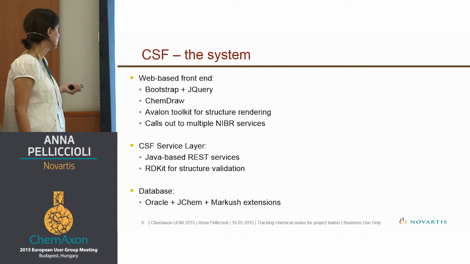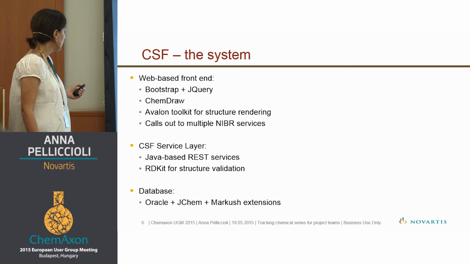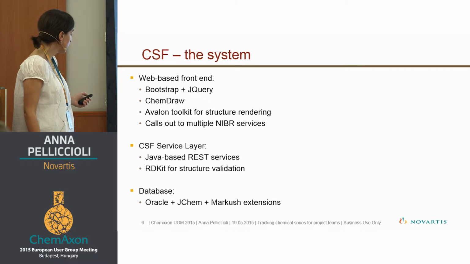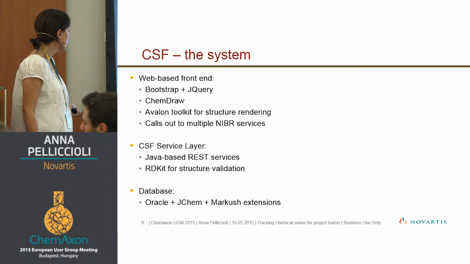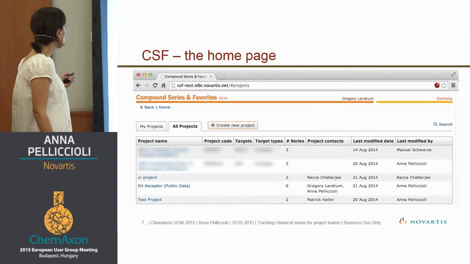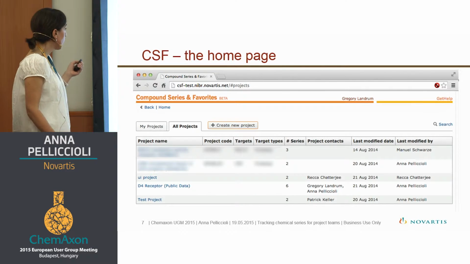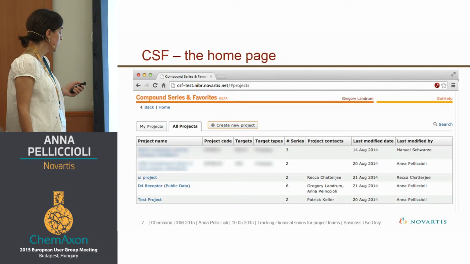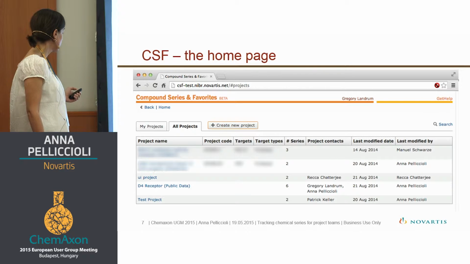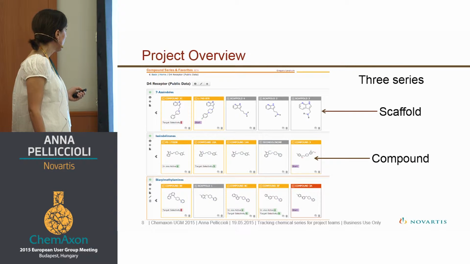Their service layer is in Java, and we're using RDKit for structure validation. Finally, in the backend, as I was telling you before, there's the JChem cartridge in Oracle using the Markush search functionality. Okay, so when you go into the application, the first thing you see is a list of projects. Then you click onto one of these projects, and you see this.